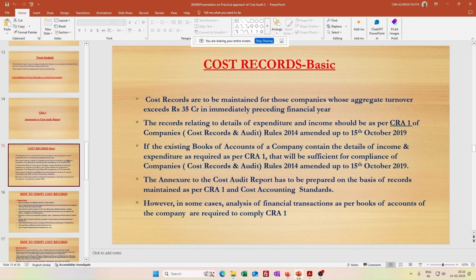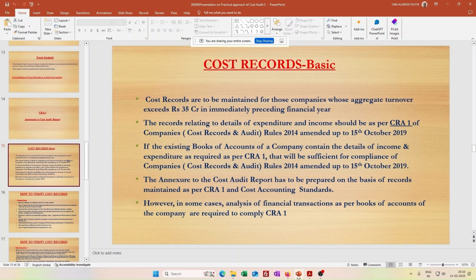But as per Cost Accounting Standard 24, prior period income and expenditure should be eliminated from the cost of production. Here is the catch. Then what do you have to do?